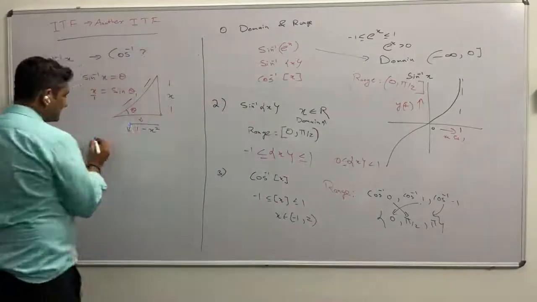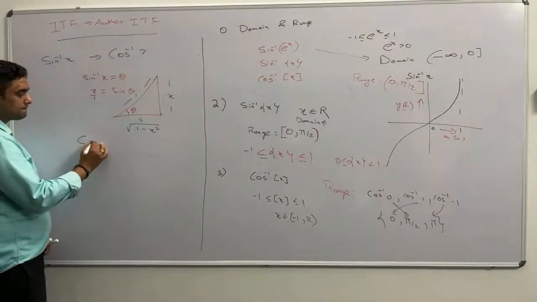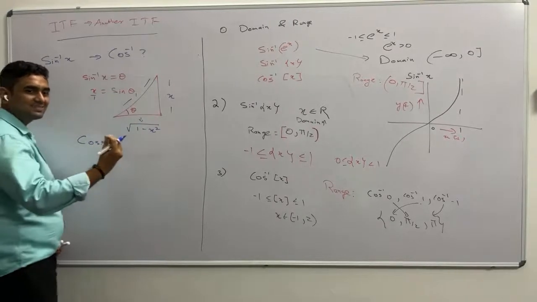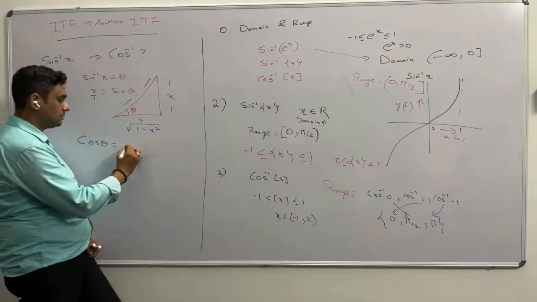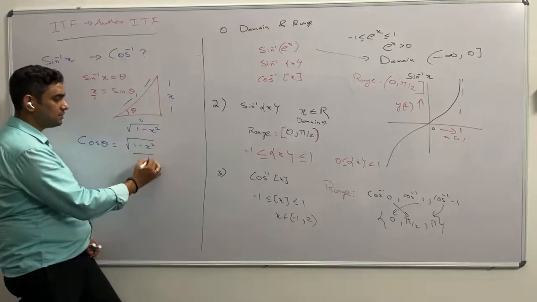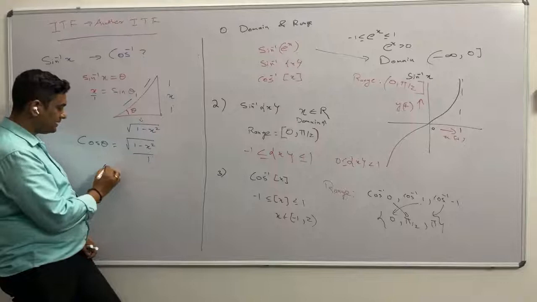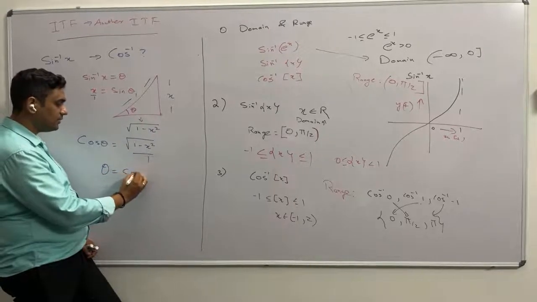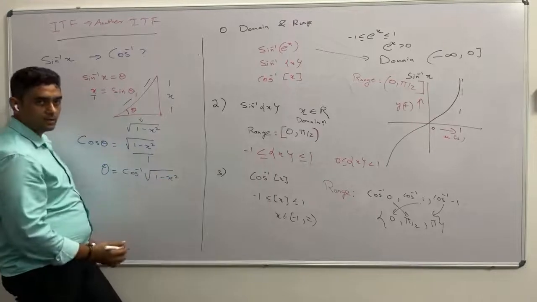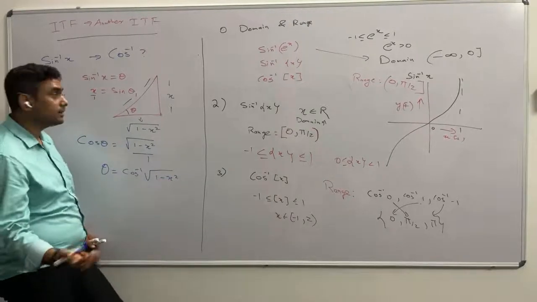Now, what will be cos theta? Cos theta is adjacent by hypotenuse. So we'll get it as root over 1 minus x square by 1. So what will be theta? Theta will be cos inverse of root over 1 minus x square. And that is how we have converted.